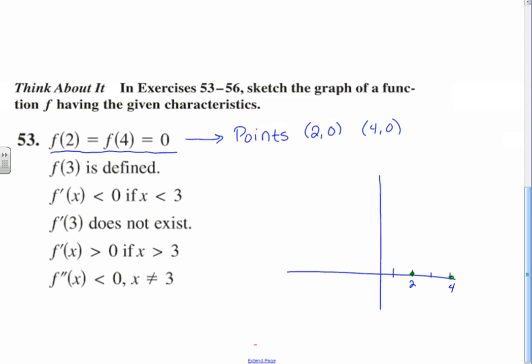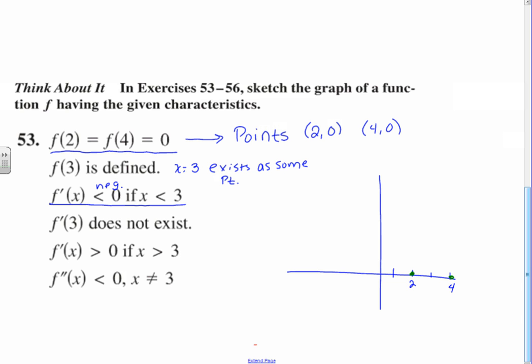Next up, it tells me that f of 3 is defined. By that, it means x equals 3 exists as a point at some point. We just don't know quite the height of it, what y value it takes on. F prime being less than 0 when x is less than 3. This is giving me information about the first derivative. It's telling me the first derivative is negative, right?